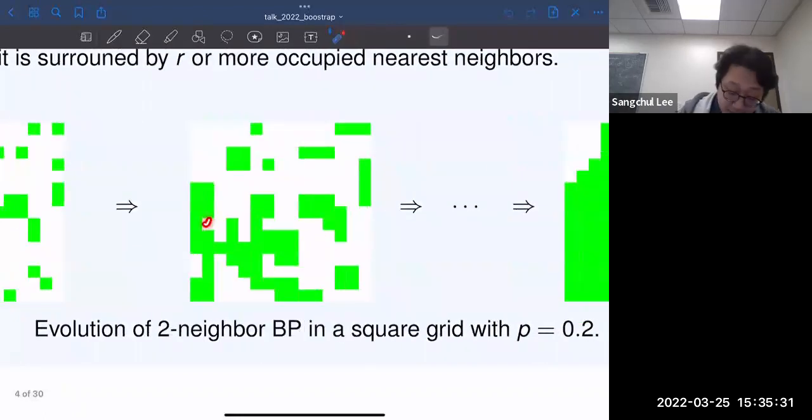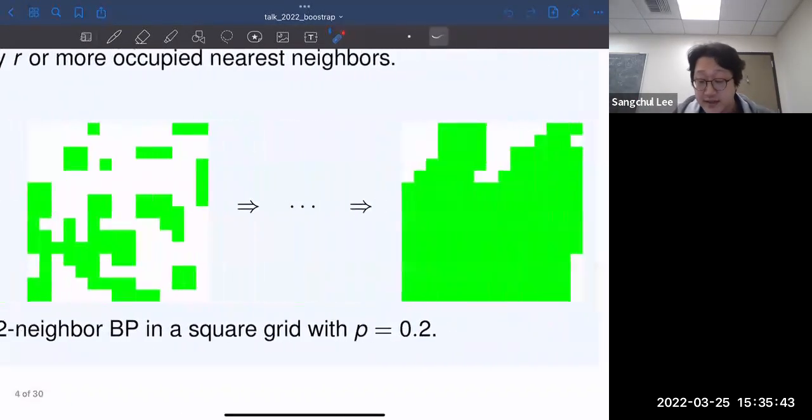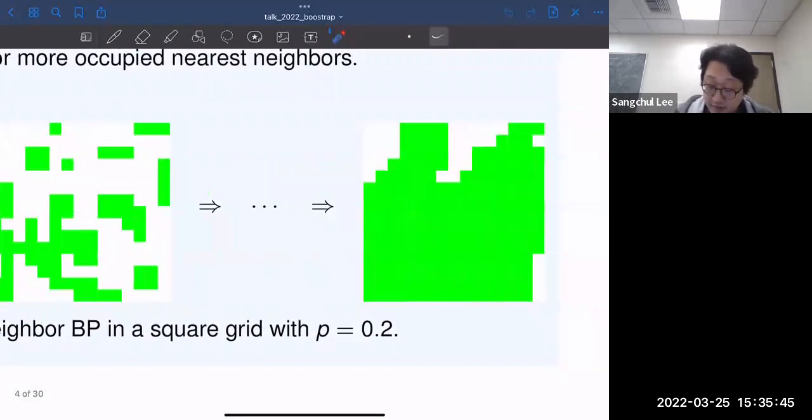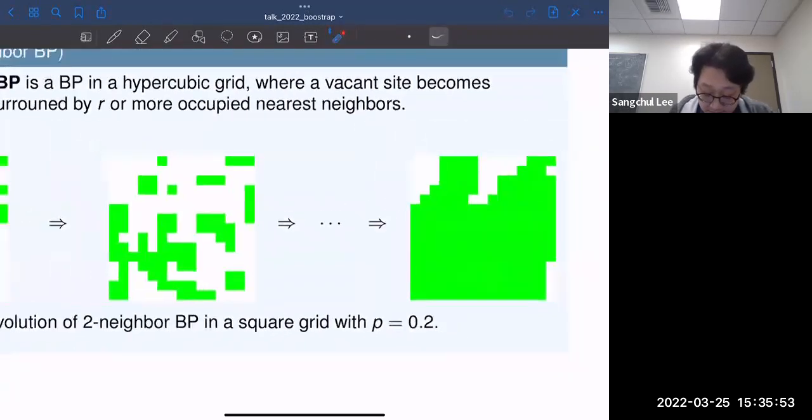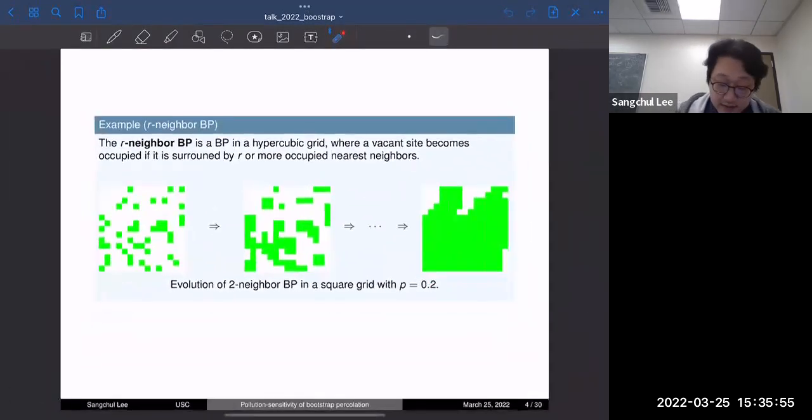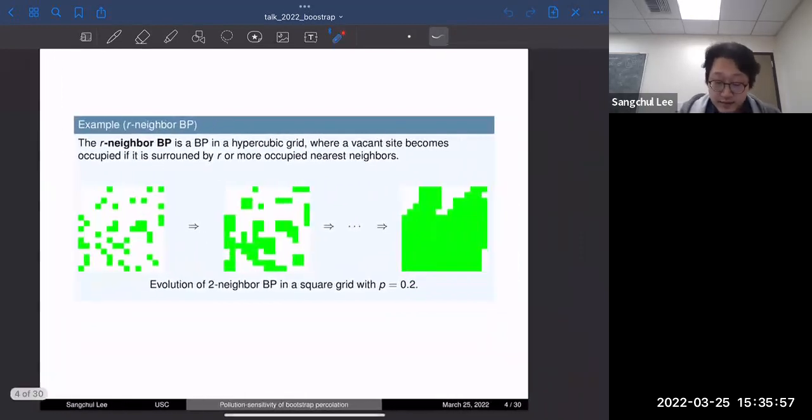At the next step, we also have a bunch of sites which are surrounded by two or more occupied sites, so they will become occupied. If I keep evolving this configuration using the update rules, then eventually, in this particular example, the whole square grid will be occupied. So that's one example.